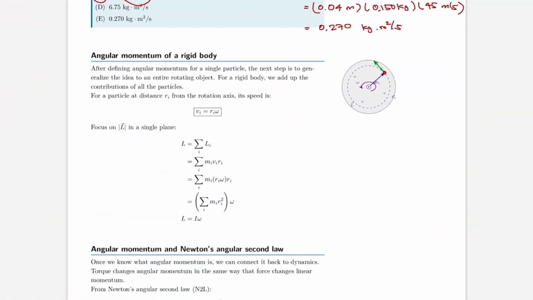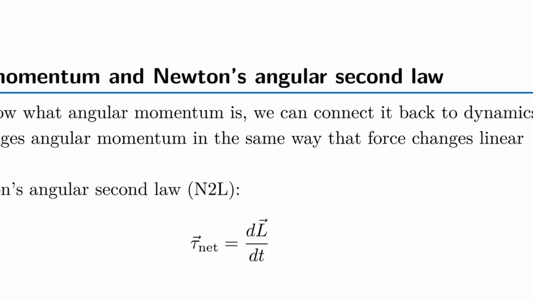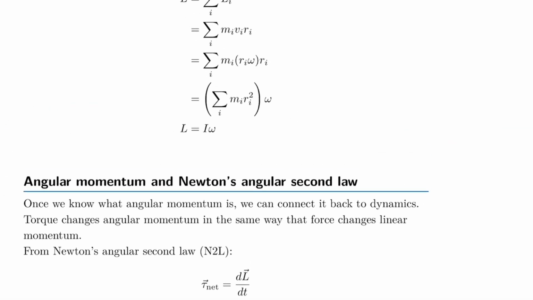Okay, before we continue, let's revisit angular momentum. Angular momentum is given by this formula here. The symbol is L. Angular momentum L is equal to moment of inertia times the angular speed. And then for any system, the net torque is equal to the change of angular momentum over time.